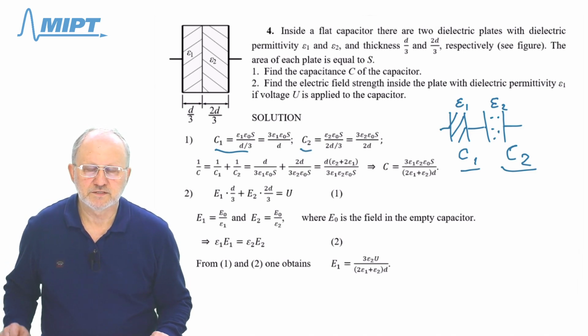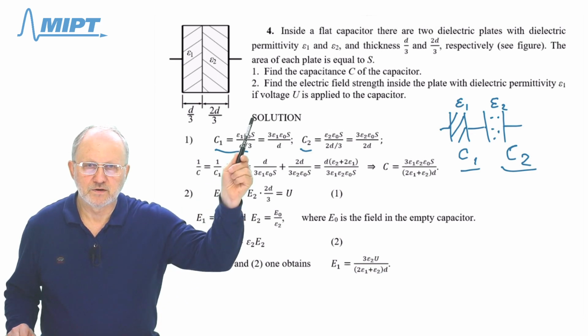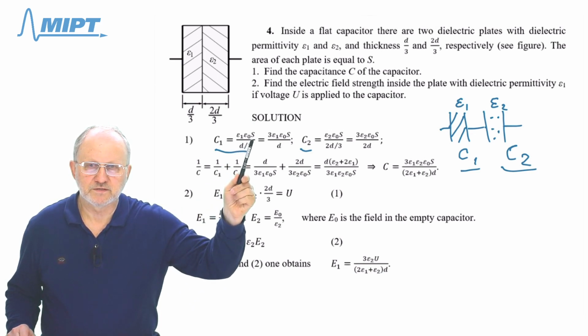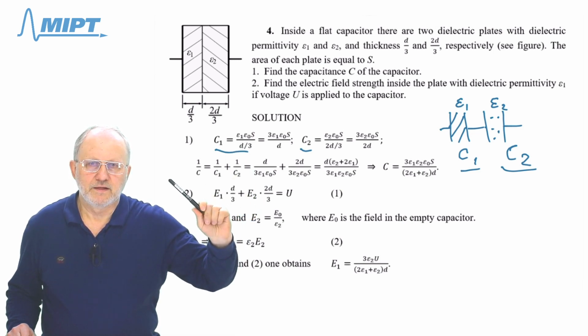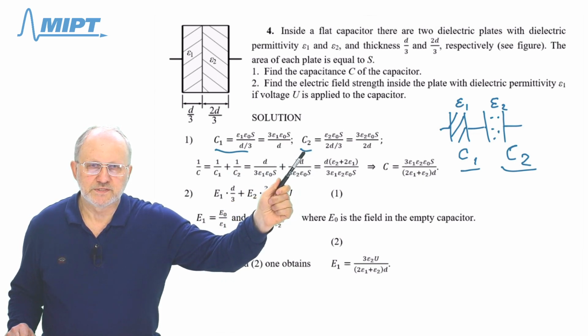This is the standard expression for capacitance, which is proportional to the area S of the plates of capacitor and inversely proportional to the distance between the plates. And so the same is true for the second capacitor.